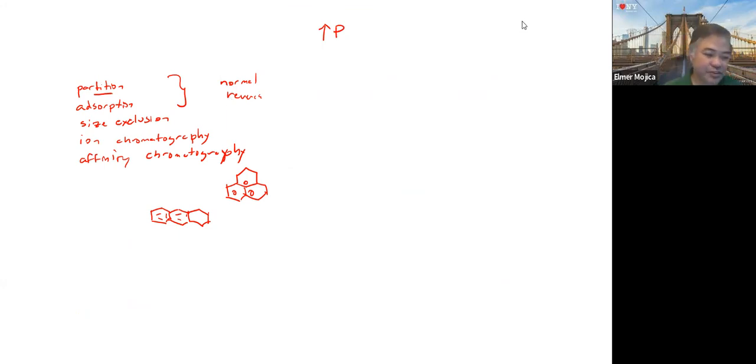Okay, so if you're going to increase the pressure, it's going to cause the density to increase. And what's the effect of that? It's going to change the retention factor of the analytes. Now if you increase the pressure, it increases the density. So what will happen? It's going to reduce the elution time, or in short, it will become faster.